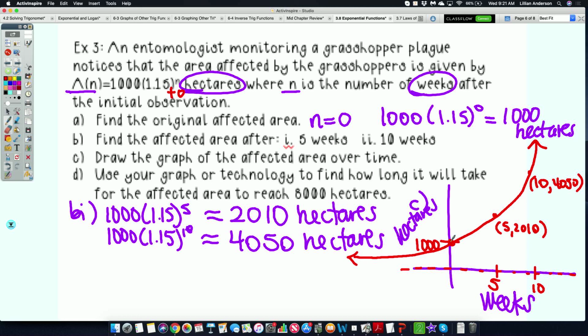Now we have to use our graph or technology to find how long it would take for the affected area to reach 8,000 hectares. So we just plug in 8,000. Using technology, slightly algebraically, you would plug 8,000 in for a sub n, and then we can go back to our calculator feature to find the value of n.